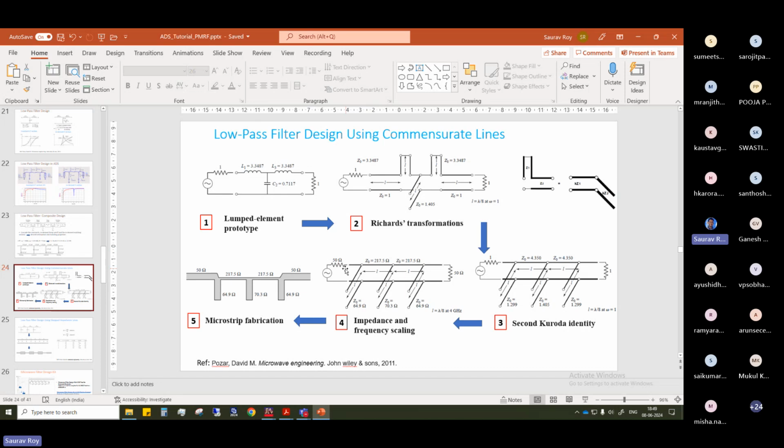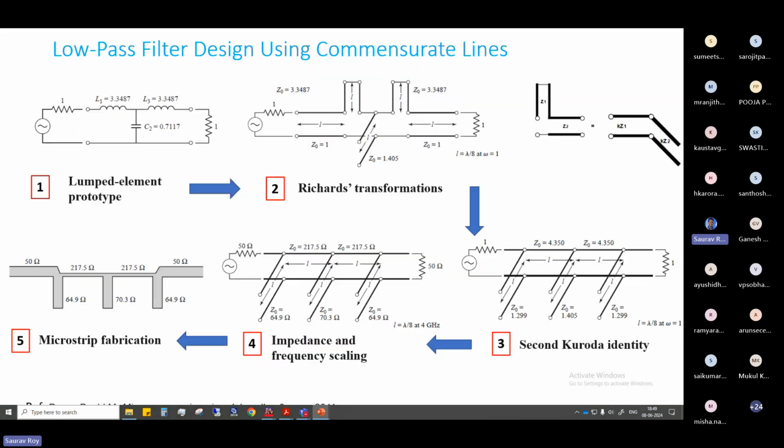Let's say this example is also taken from the Pozar book. I will explain step by step how it is done. We start from the first step, the lambda element prototype, which you have already done. Let's say we start from a Butterworth filter of third order. We know the components L1, L3 and C2.